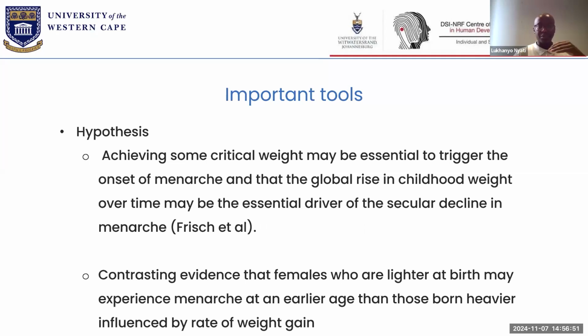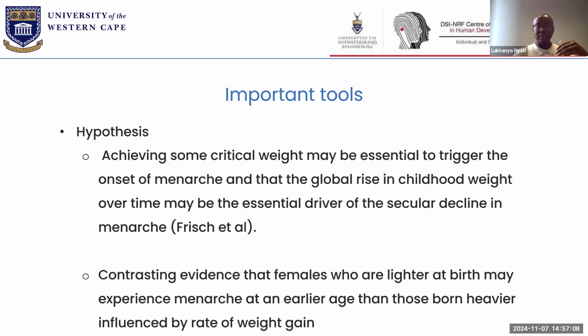Now, what influenced this analysis for this particular paper is this concept of a critical weight that suggests that, once children achieve that critical weight, it may trigger the onset of menarche.